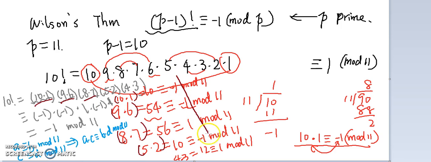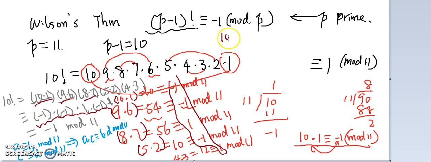If we multiply all the right sides, you get exactly these. After we multiply it out, you get -1, and you still have modulo 11. So we're using the property written in blue right here. Now we have proved 10 factorial is congruent to -1 modulo 11.